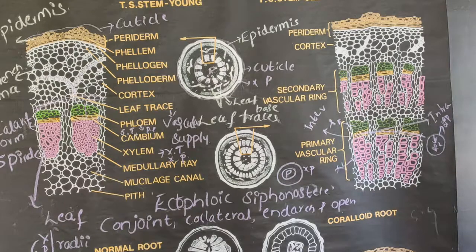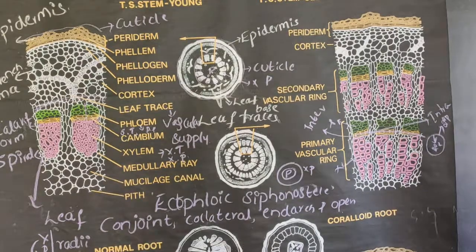If you look at the cortical region, a similar thing happens in the cortical region also. First the cork cambium is formed, and that cork cambium divides continuously, and towards the outer side it produces the phellem, and towards the inner side it produces the phelloderm. This phelloderm is also known as secondary cortex.